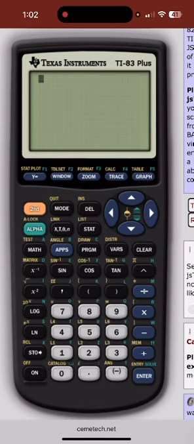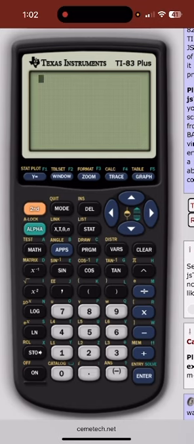The keystrokes on the TI-84 might be a little bit different, but I'll show how to do this on an 83 Plus with variables. If I start at the second button on the top left, go down by 1, 2, and then right by 1, 2, 3, there's a button that says VARS, which is short for variables.